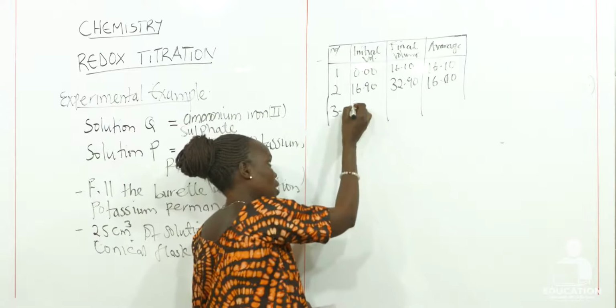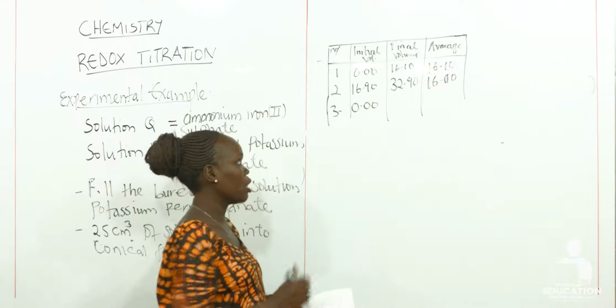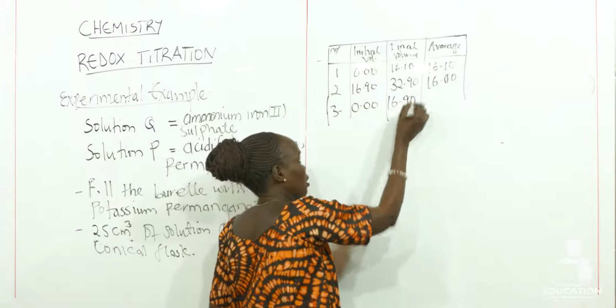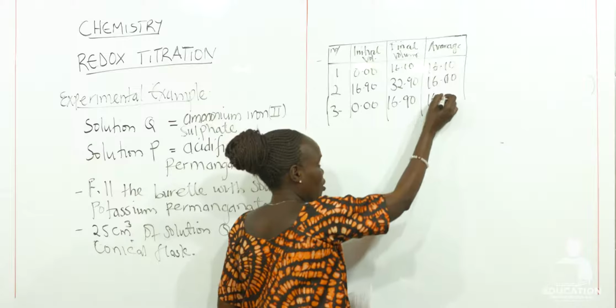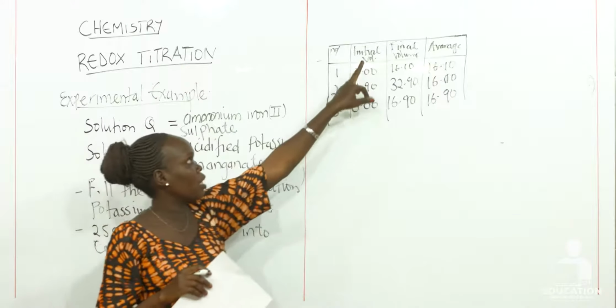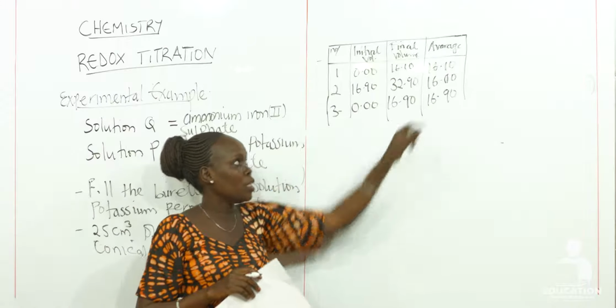So we have to start now freshly from 0.00, which is the initial volume for the 3rd titration. Then we shall have 16.90 as the final volume. So from subtracting initial volume from the final volume, we shall have the average in 16.90.